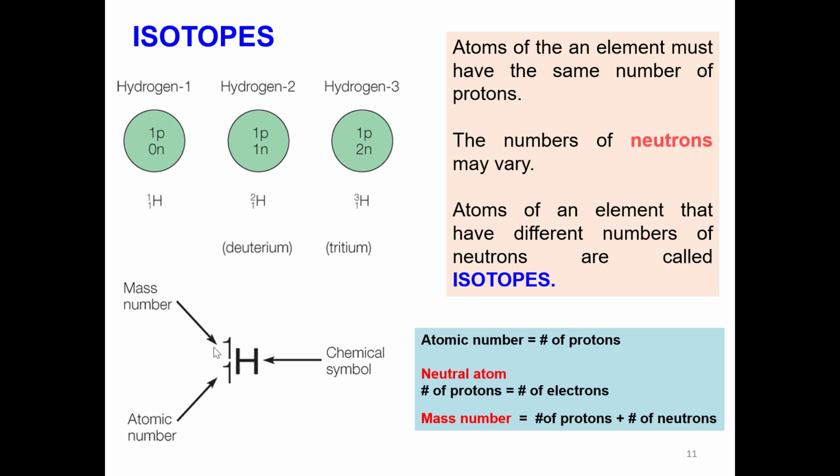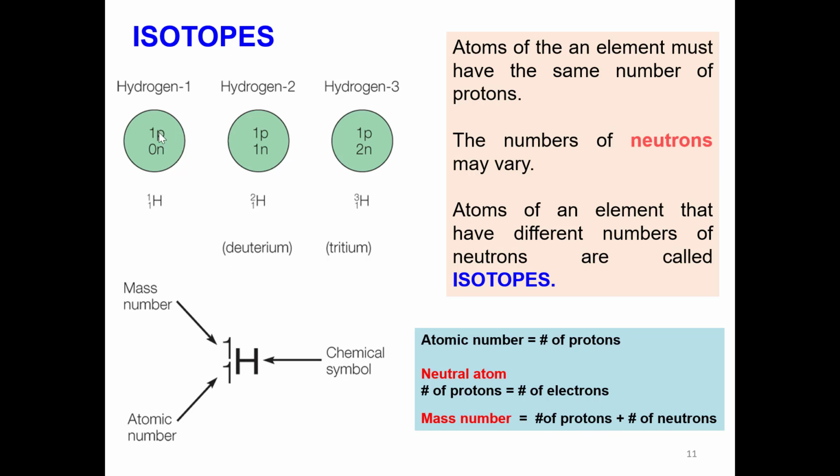This is the symbol for the element. The number on the bottom indicates the atomic number, or the number of protons, which is the same. The top number indicates the mass number. Remember, the mass number equals the number of protons plus the number of neutrons.